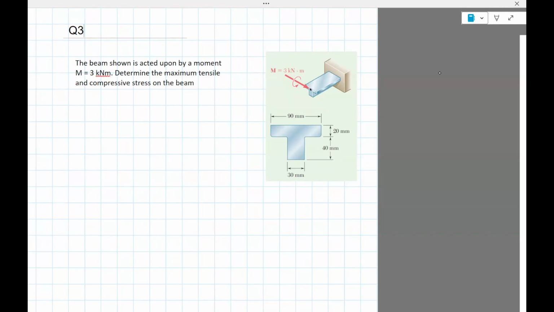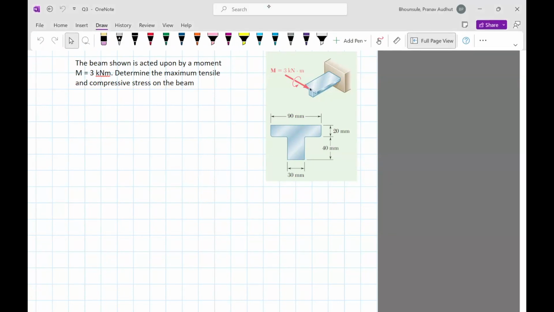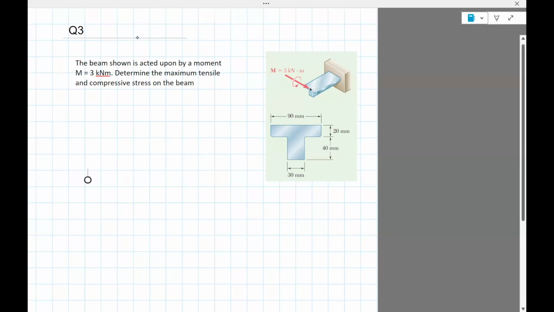The compressive stresses are different from the tensile stress because it's not axisymmetric. So let's see what's given. It's M in kilonewton meters. We are asked to find the maximum tensile stress and maximum compressive stress.